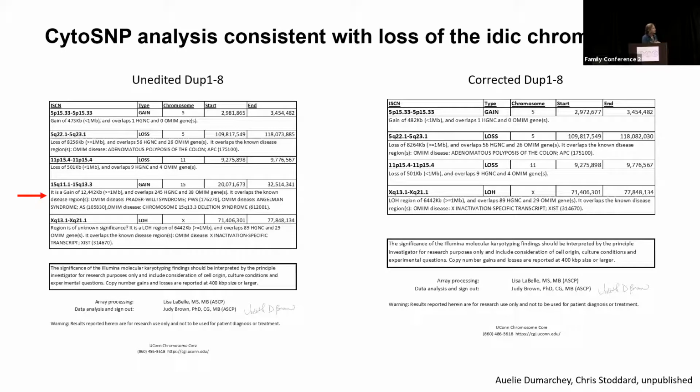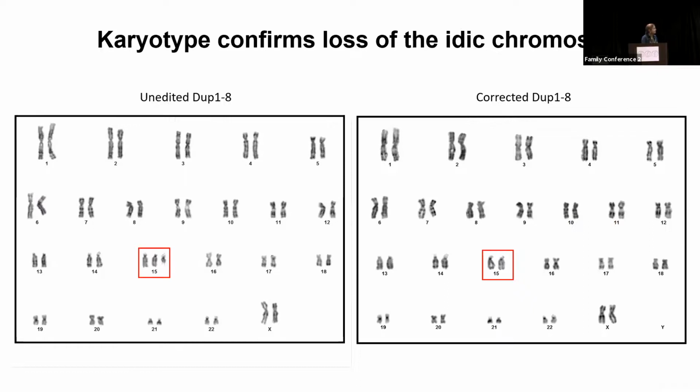In our corrected dupe clone, they had all of the other genetic changes, the deletions on chromosome 5. I can't remember what all's in these. There's a loss of heterozygosity on the X chromosome, but importantly, they no longer had the 15q11 to q13 gain. And so that told us that it did change the copy number in the way we'd expected. And finally, we did a karyotype.